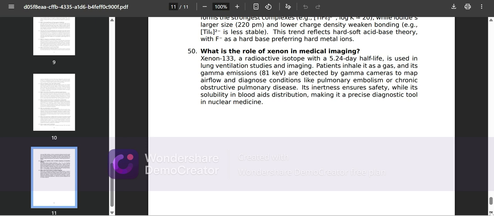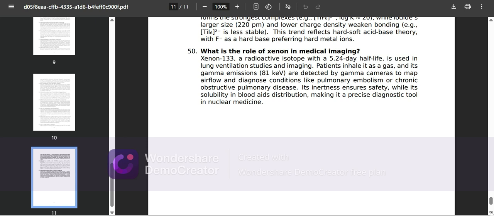Patients inhale it as a gas, and its gamma emissions, 81 keV (kiloelectronvolts), are detected by gamma cameras to map airflow and diagnose conditions like pulmonary embolism or chronic obstructive pulmonary disease.